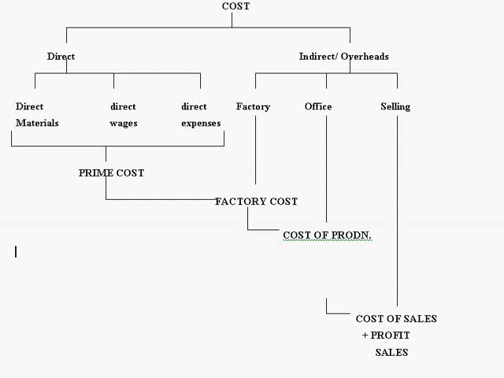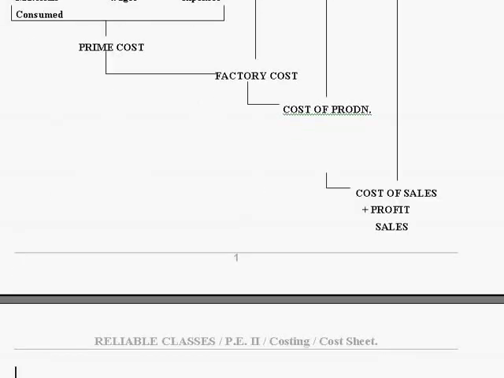I have purchased 10,000 worth of raw material, but I have consumed only 8,000 to make the product. So what should I write? 8,000. It means when I am talking about materials, I am talking about materials consumed. Is that okay? Materials consumed means materials used.